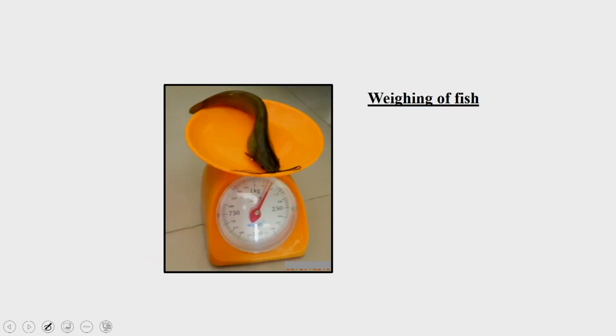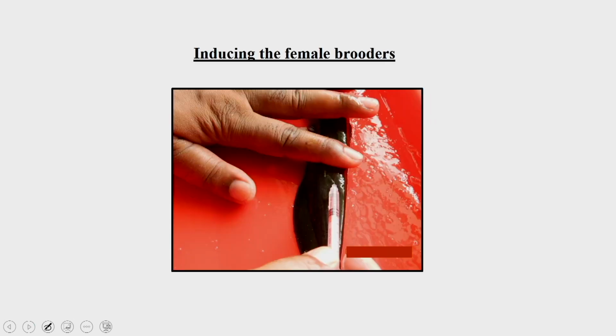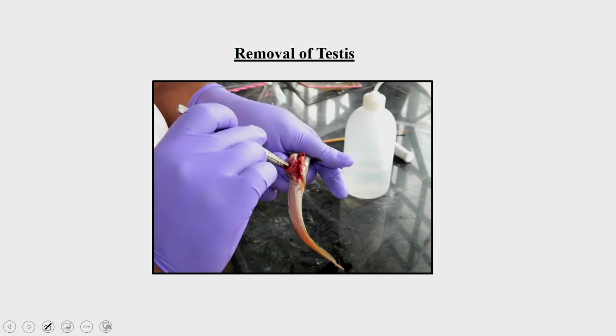Then what you have to do is weigh the fishes, and give the injections. First you are going to induce the female brooders with intraperitoneal or intramuscular injections of the hormones, and then you are going to remove the testes from the male fish.